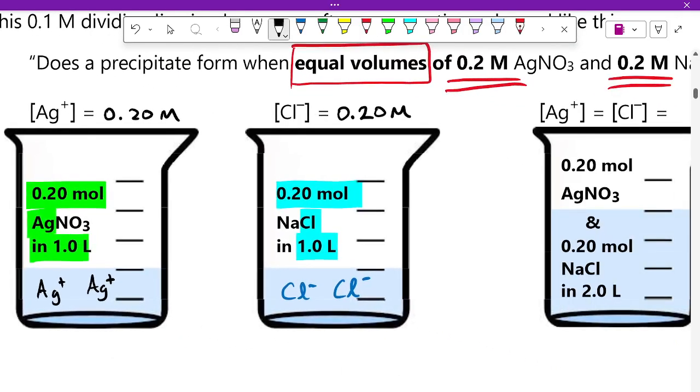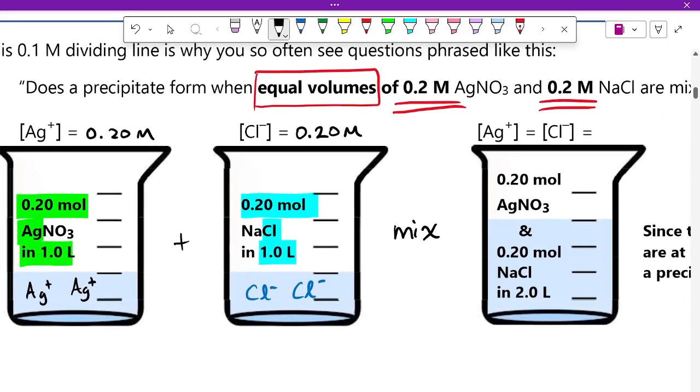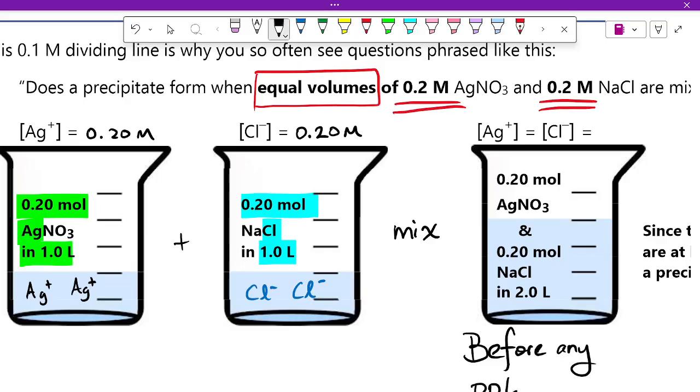And now we are going to mix them together. And before any precipitation occurs, we have Ag plus and, no, I'm not going to draw those in. It's just making it messy.